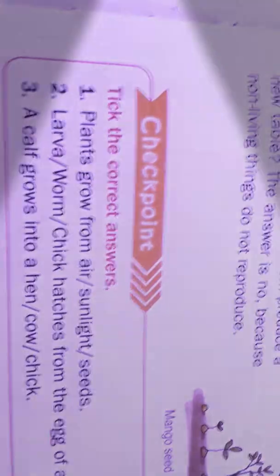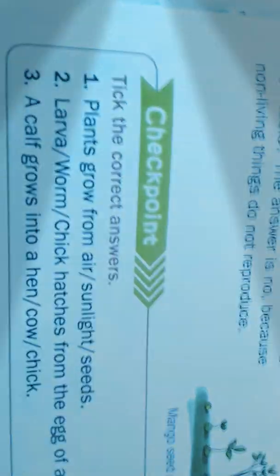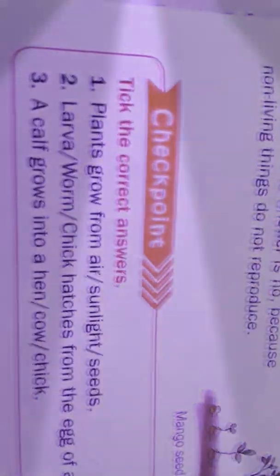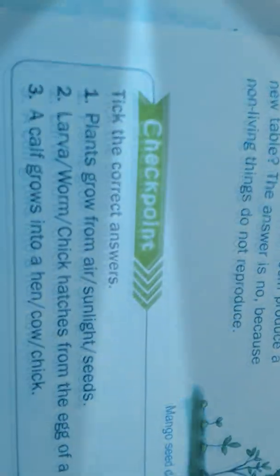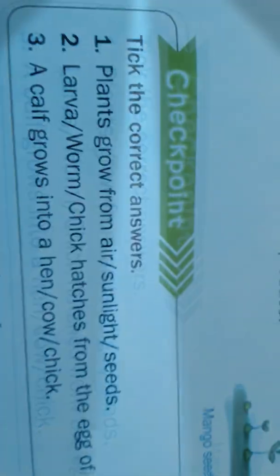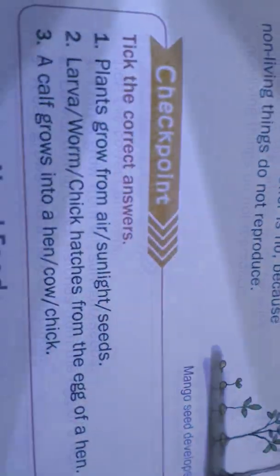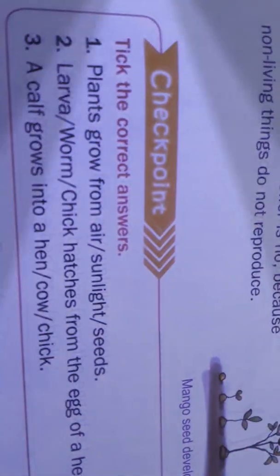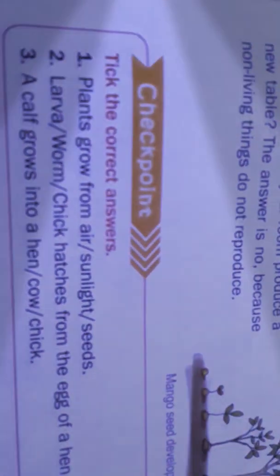What is the young one of the cow called? A calf. So here the answer is a cow. Plants grow from seeds, a chick hatches from the egg of a hen, and a calf grows into a cow. These are the answers.